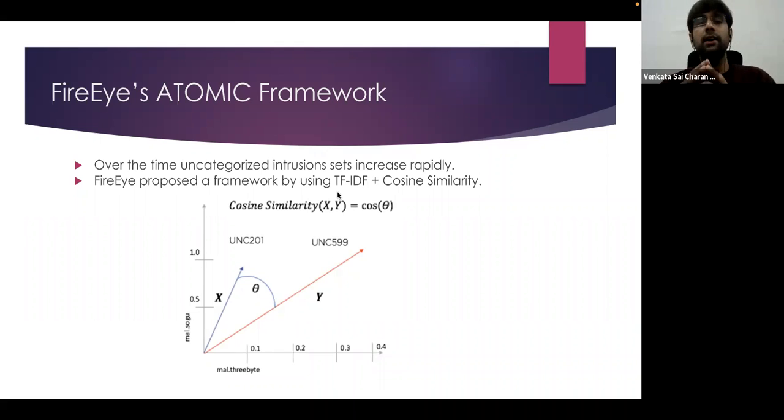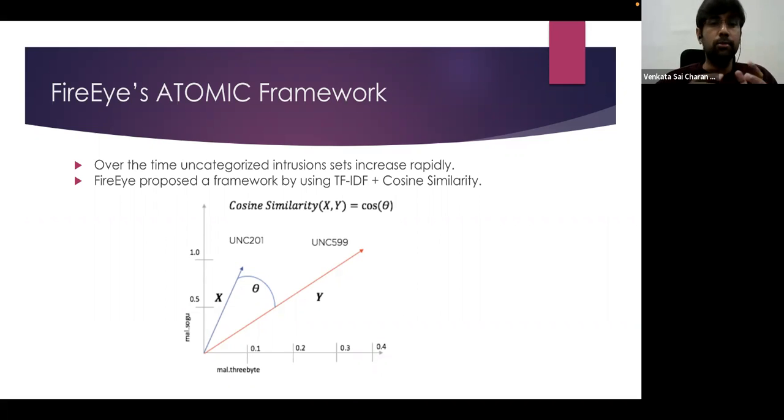The basic idea of the TF-IDF algorithm is that it finds unique terms in an individual document, and if a term appears across all the documents, its priority is decreased. Because of this, you get to know the unique terms related to a particular malware family.